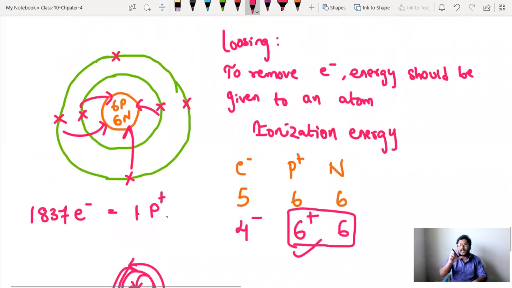The total atom would collapse, isn't it? Now, after losing 2 electrons, there are 4 electrons, and all 4 will eventually fall into the nucleus because 6 protons will be attracting all 4 electrons. Then the atom would collapse, so it is not possible to lose electrons.